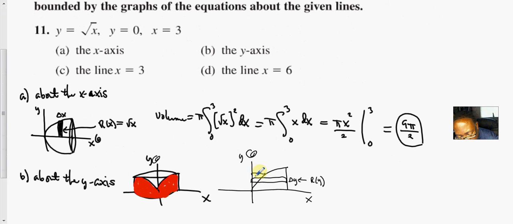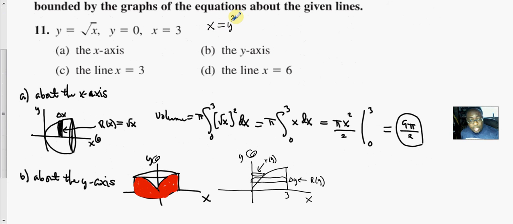We take another slice, and this is little r of y. Well, this shape goes to 3, and so since we're solving this with respect to y, we started with y equal to the square root of x. If you solve for x, you get x is equal to y squared.